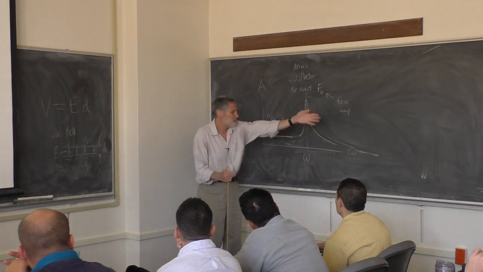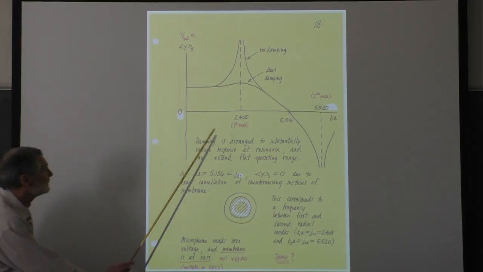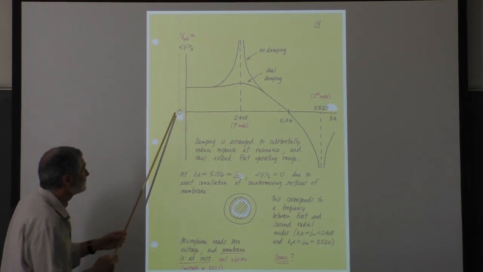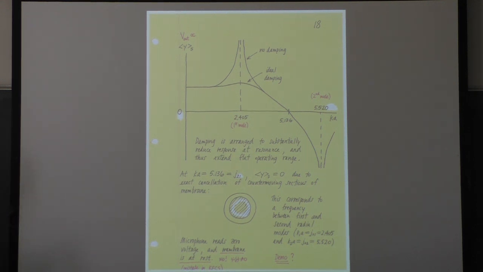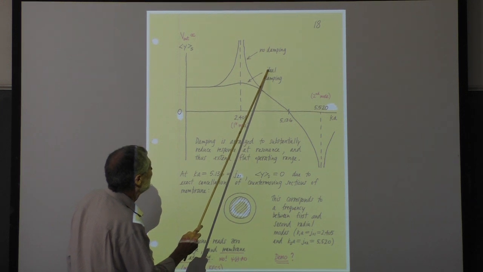Let's see what happens here. So this is the first mode. That's when we hit resonance. Here's the normal operating regime down here. We're going to hit resonance. So what standard design, this should be a design, not ideal.